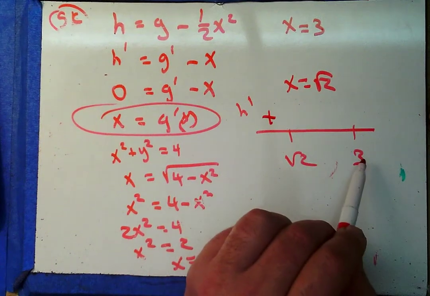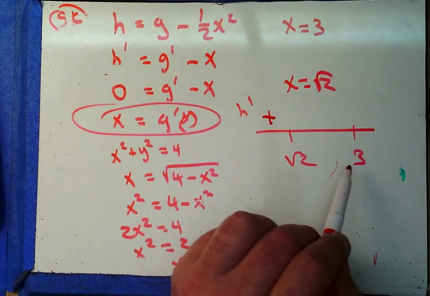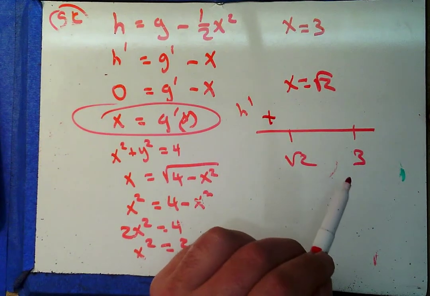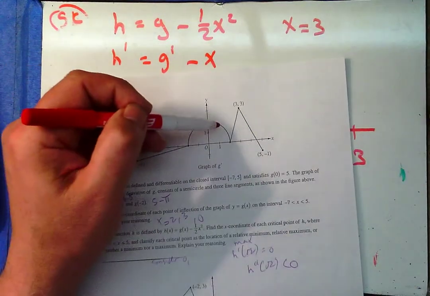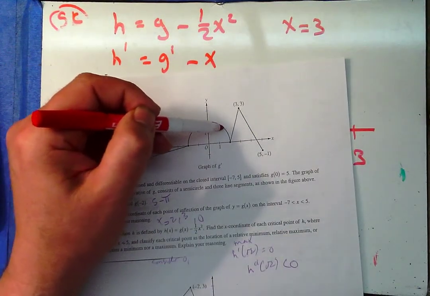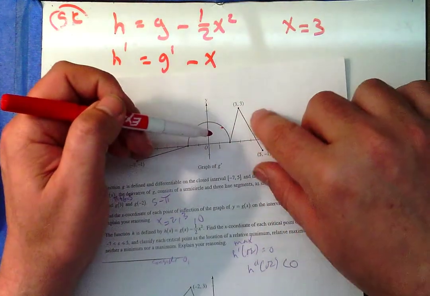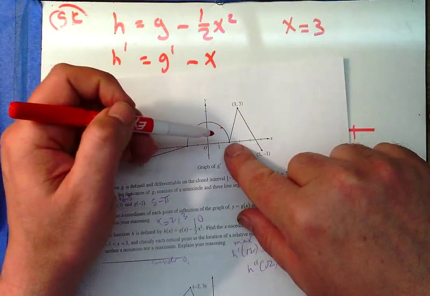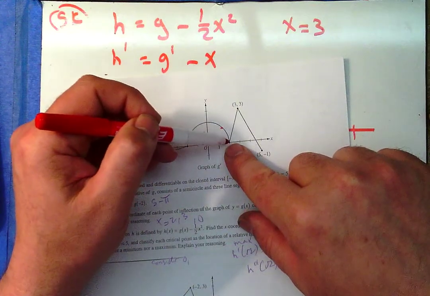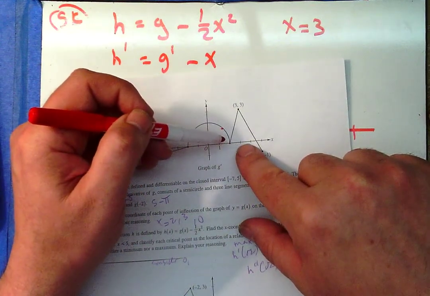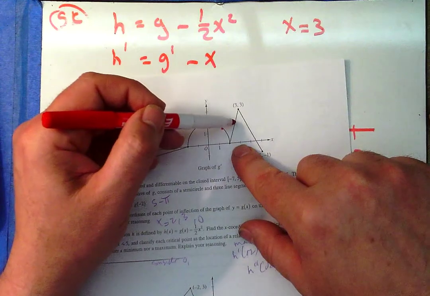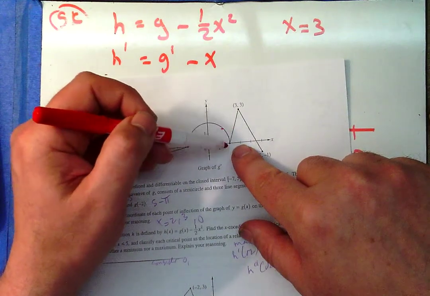But between root 2 and 3, I see that the y values are going to be less than 2.5.